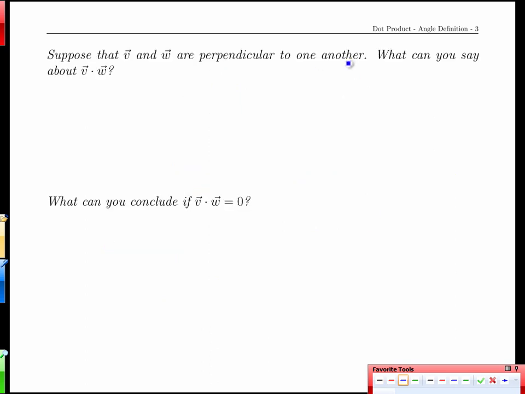There's some important features that we can get out of this idea, though. If v and w are perpendicular, then what can we say about the dot product? Well, if they're perpendicular, then the angle between them is going to be pi over 2, 90 degrees. That's what perpendicular means.